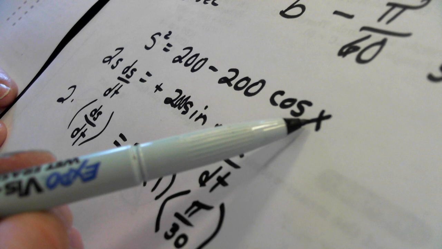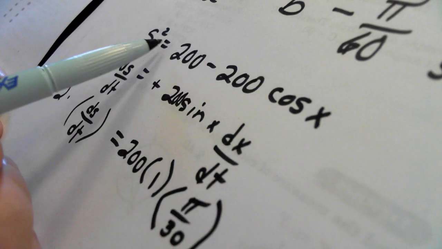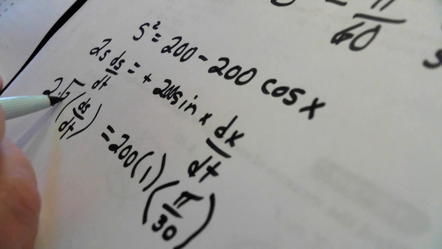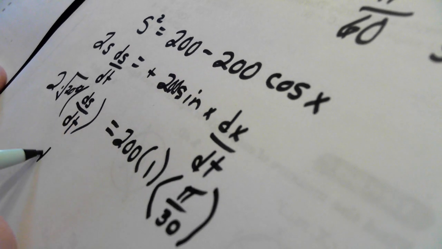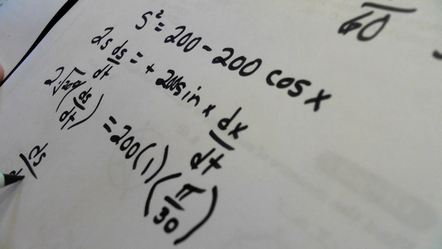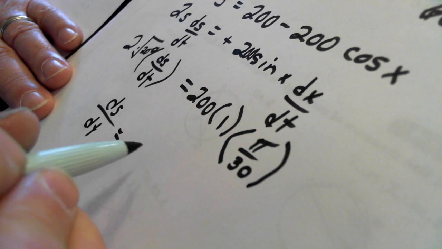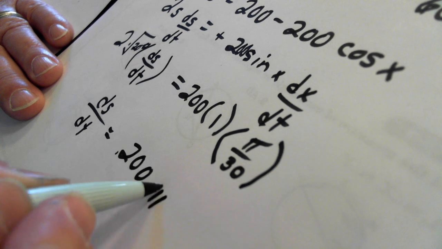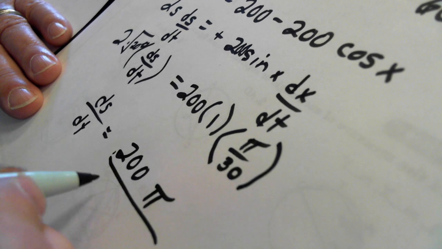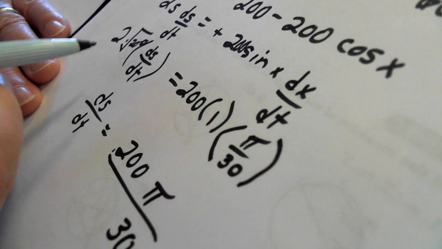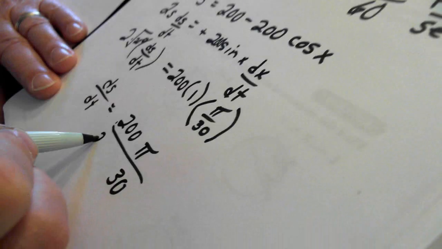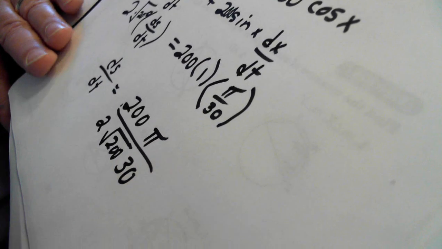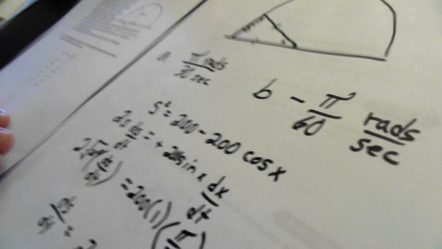Cosine of pi halves is 0, so it's just going to be the square root of 200. So the change in s with time is just going to be equal to 200 pi on top, 30 on bottom, and then this will come over on the bottom, 2 times square root of 200. You just have to figure that up. That will be your answer to C.